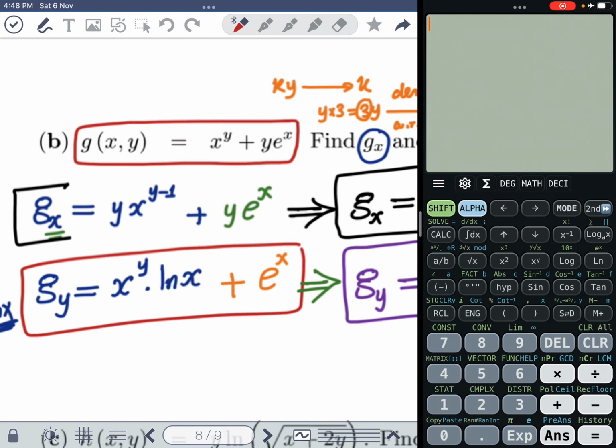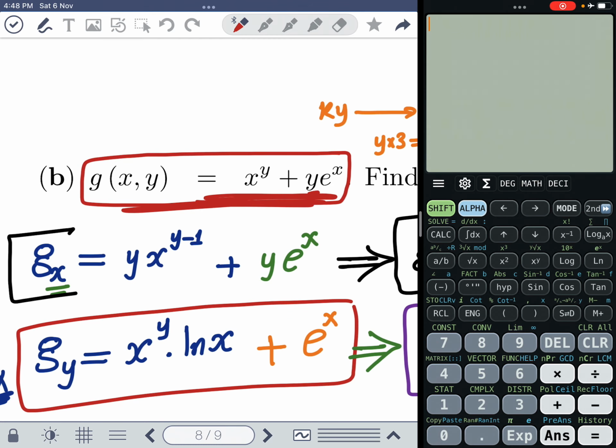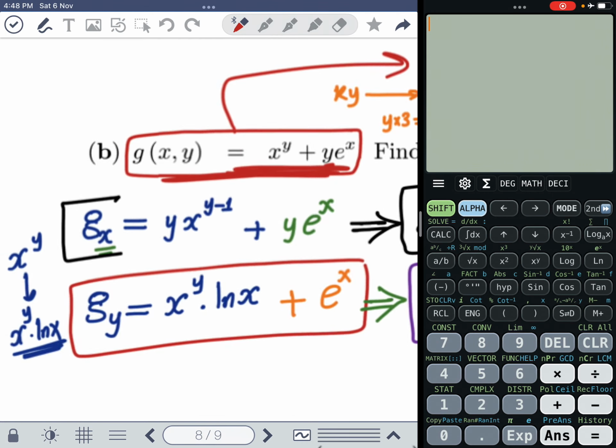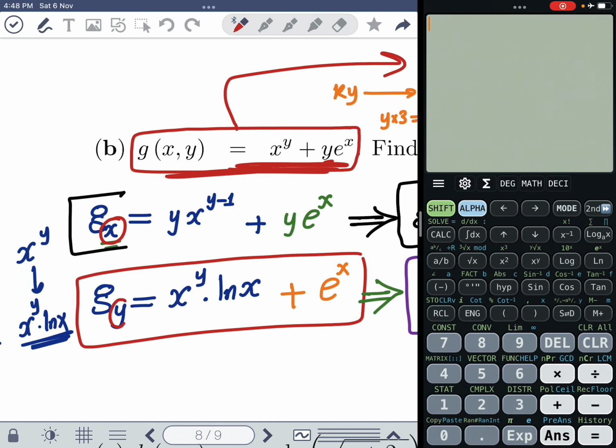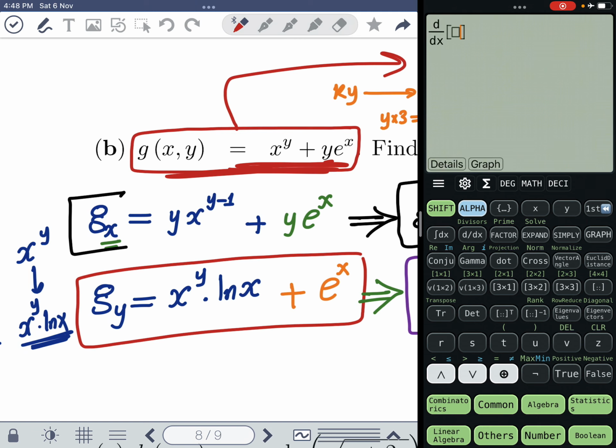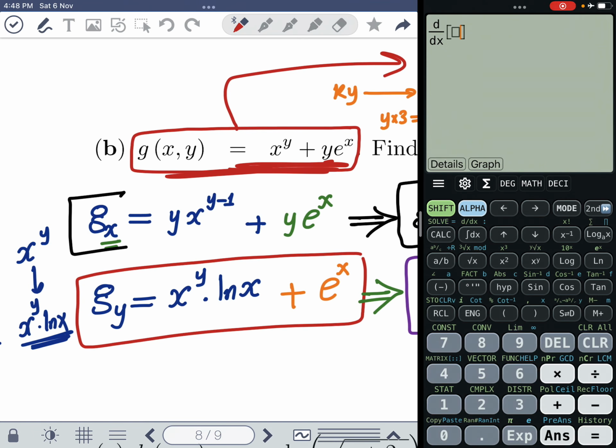Okay, so now first enter the function in the calculator, and remember we will take the derivative with respect to x and with respect to y, so it doesn't matter which one you start with. I'll start with x. So d by dx of, and now I'll put the g. G is here. X to the y, so get the x here, to the power y, nice, and then continue, plus y e to the power x.